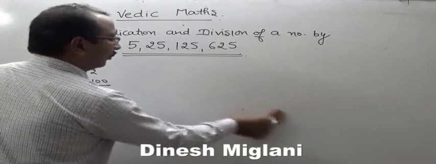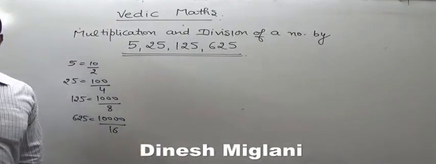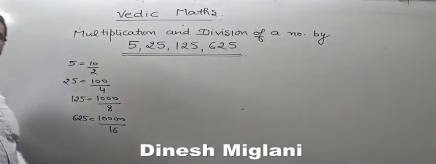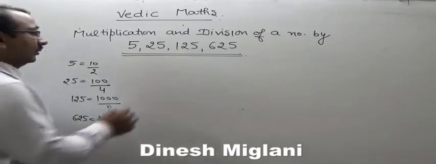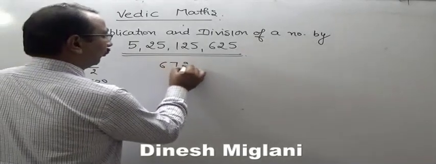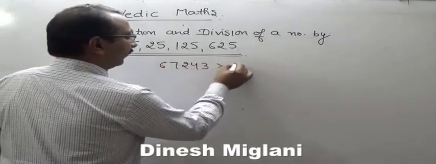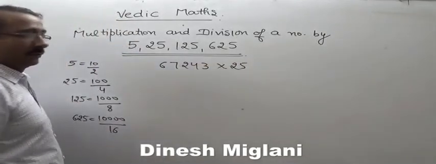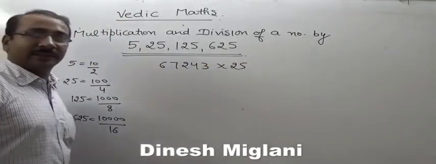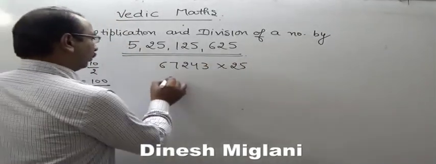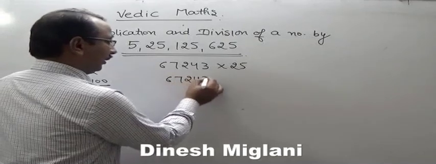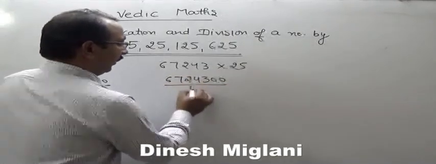That will help you most when you have to multiply your number by 25, 125 and 625. Suppose 67243 into 25. We can say that 25 means 100 by 4. So we will take it as 6724300 divided by 4.